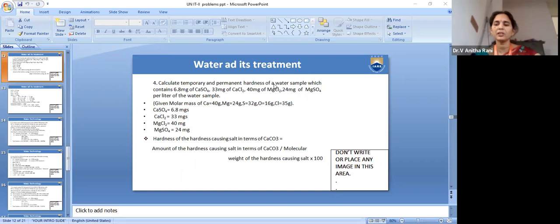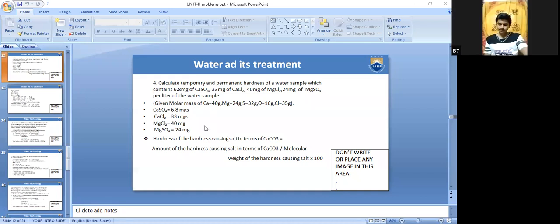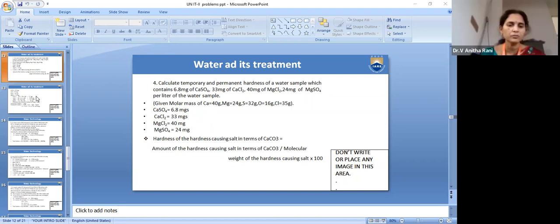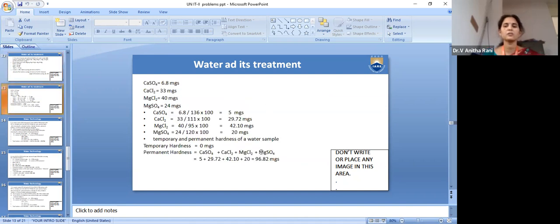Now calculate permanent hardness: calcium sulfate, calcium chloride, magnesium chloride, magnesium sulfate. Answer: 96.82 ppm. Now everyone can check the answer. Permanent hardness 96.82 ppm, and the temporary hardness is 0.